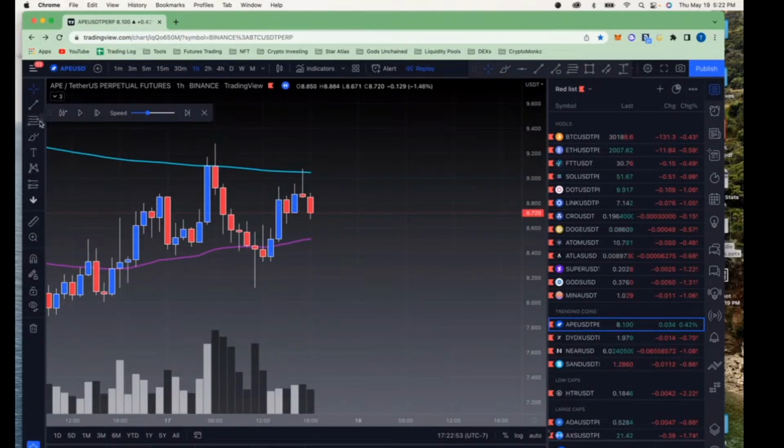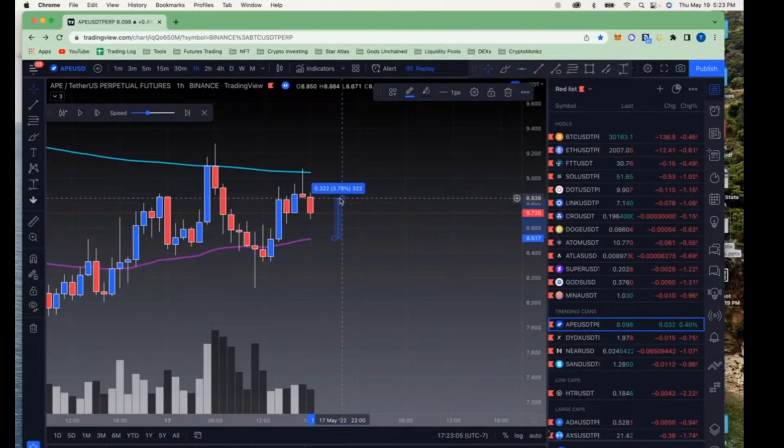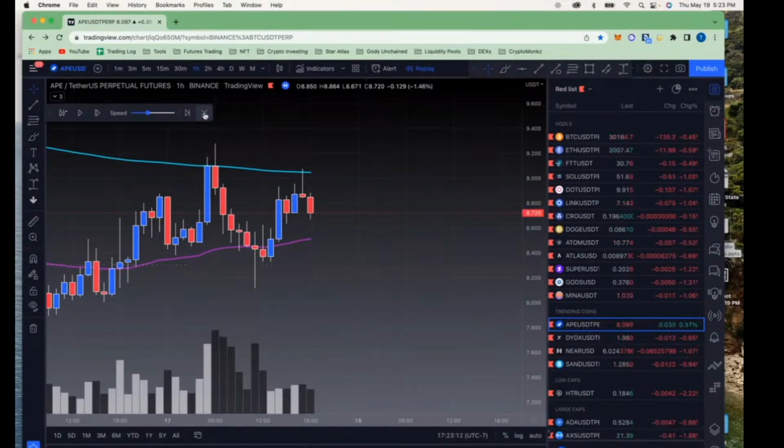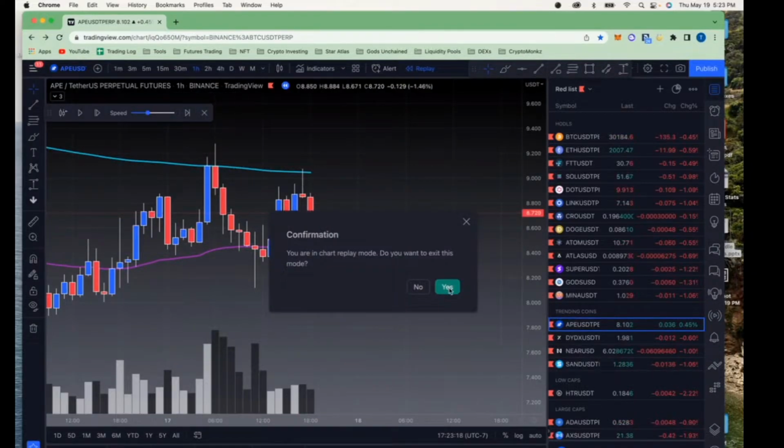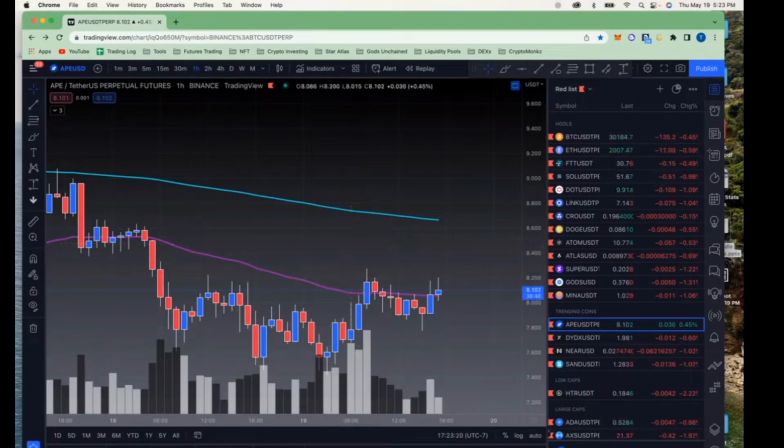And if you longed right there, you can take a quick scalp, 3.78%. Usually my scalps are on 10x, so it's like a 37% gain. That's a quick scalp, and how I would have entered that one just for that example. Does that answer your question? Yeah, thank you. Cool.